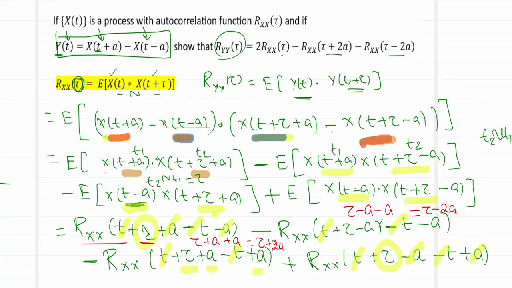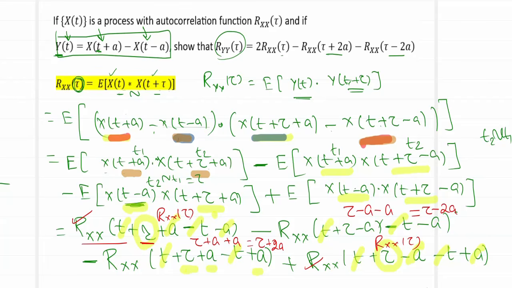The second term is Rxx of tau minus 2a. The third term is Rxx of tau plus 2a, plus Rxx of tau. So when I go for the expansion, the final answer is arrived at as this first term and the last term combined together, Rxx of tau.